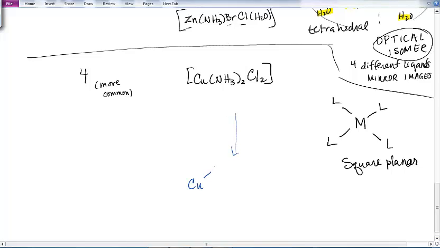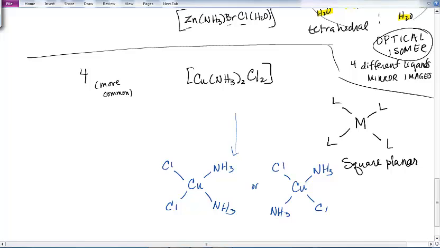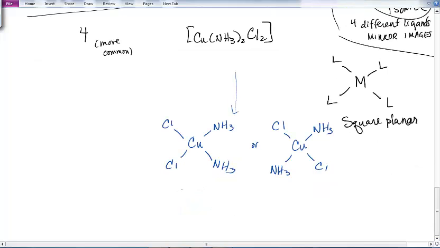Because you could have, for example, the 2 ammonias that are found in there being next to each other, or you could find the 2 ammonias, or the 2 chlorines, however you want to look at it, being opposite each other. This is known as a cis isomer. Cis means next to. These guys are next to.